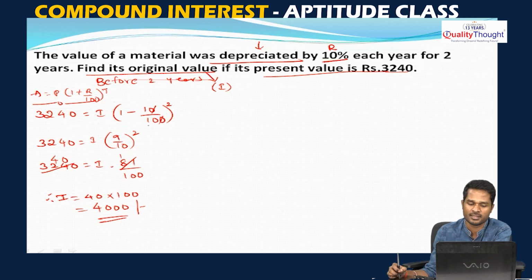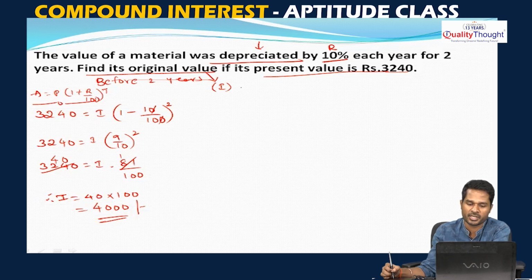Zeros cancel, 10 minus 1 is 9 by 10 whole square. So 3240 equals I into 81 by 100, 81 40s are 3240. So the actual amount, the original value I, is 40 into 100, that is 4000.